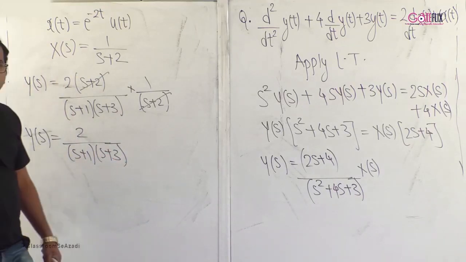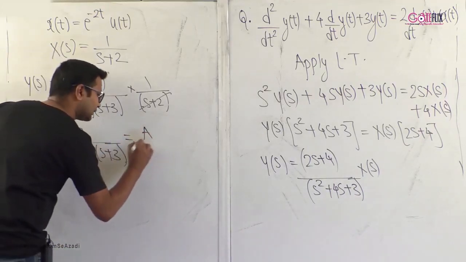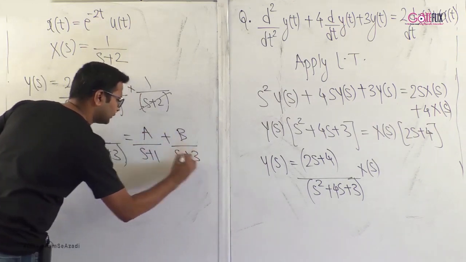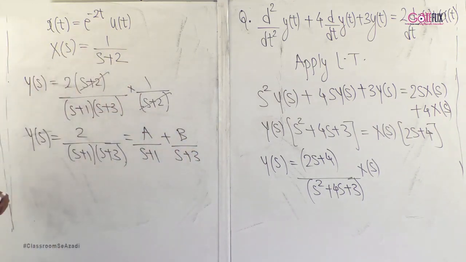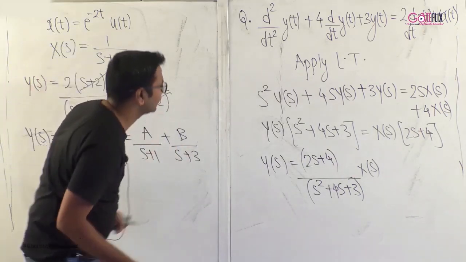If we apply the partial fraction expansion, then 2 upon s plus 1 into s plus 3 can be written as A upon s plus 1 plus B upon s plus 3. We have to find A and B to find the inverse Laplace transform.